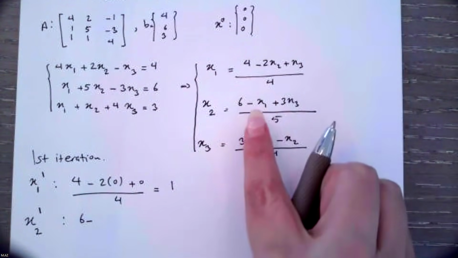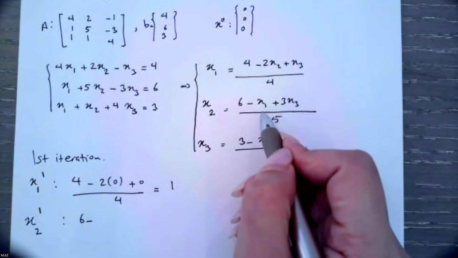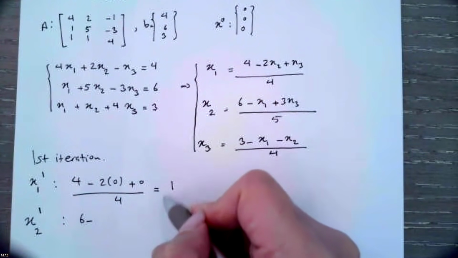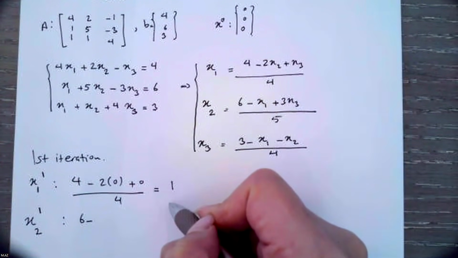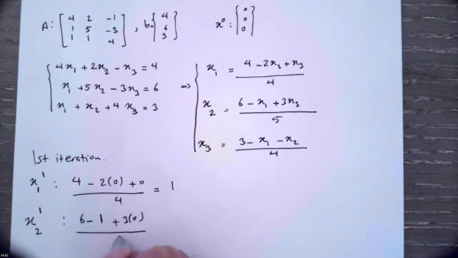It means we are not using the old values for the second equation. We are using the recent update of the x1. For this reason, we have minus 1 plus 3 times 0 over 5, which is 1.